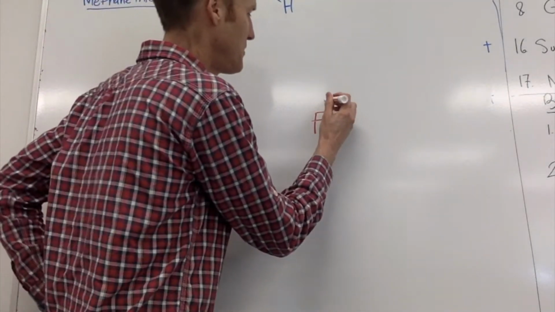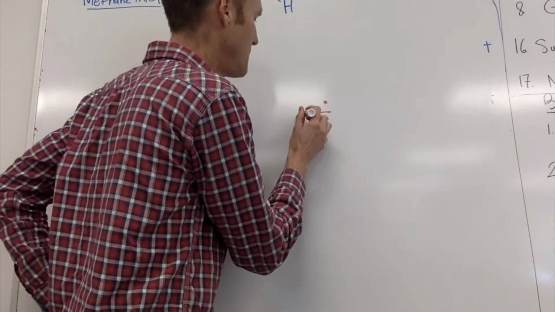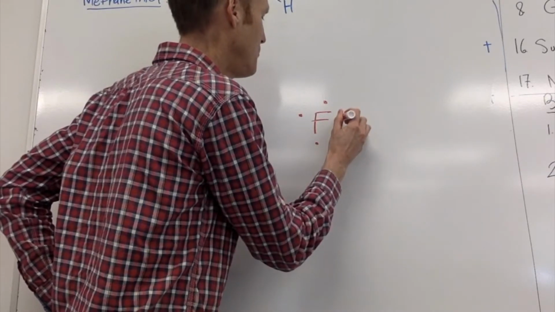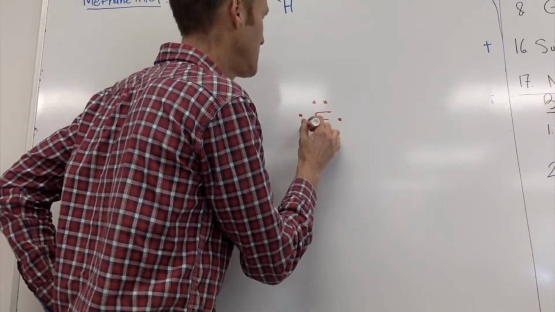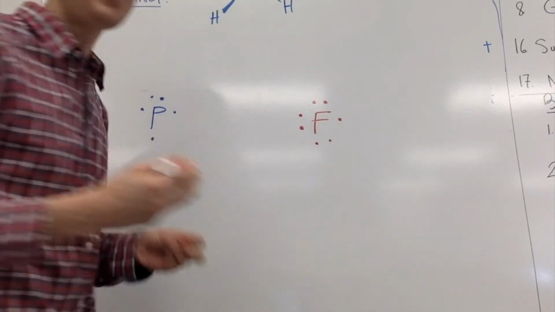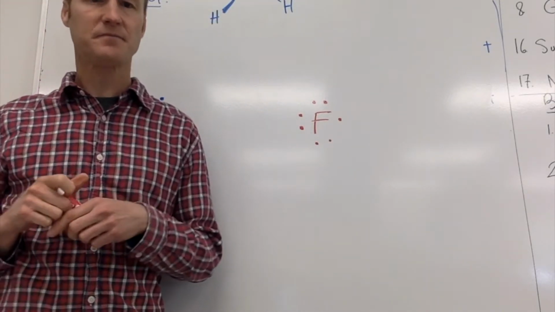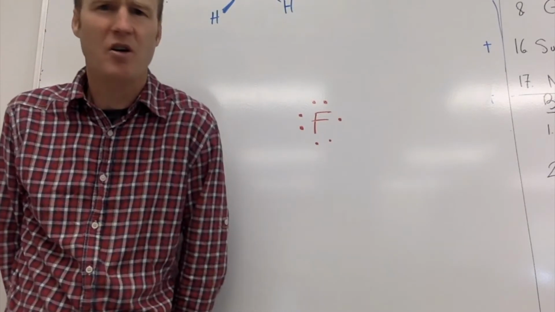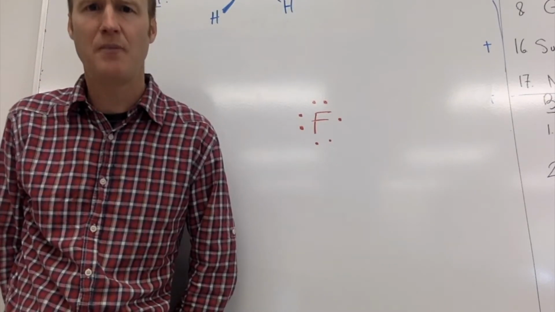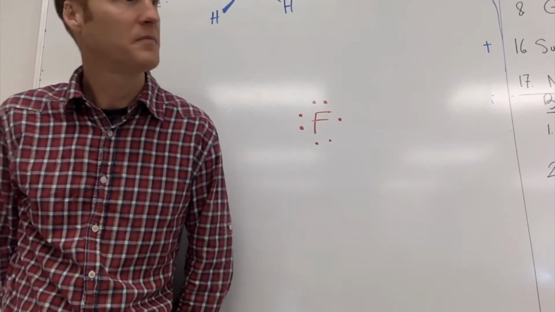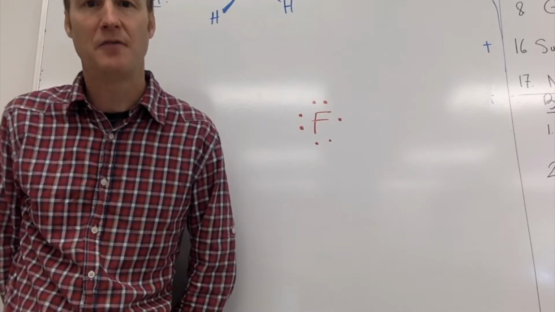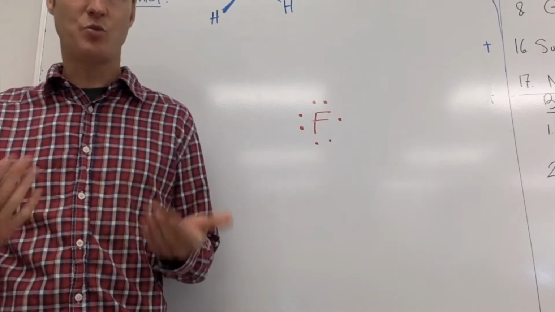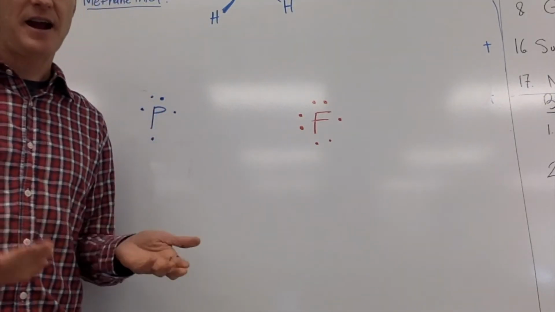As a result, it's going to need 7. 1, 2, 3, 4, 5, 6, 7. Only 1 unpaired electron. Now, I'm saying possible compounds because there's all kinds of possible compounds that you can form from phosphorus and fluorine. This is just one possible compound and how to find it.